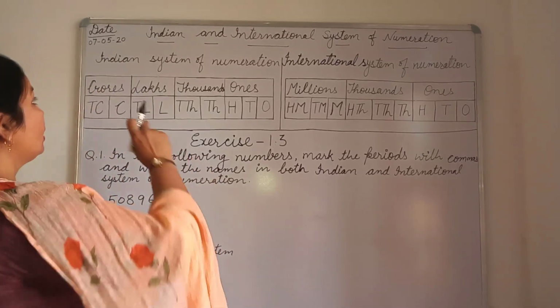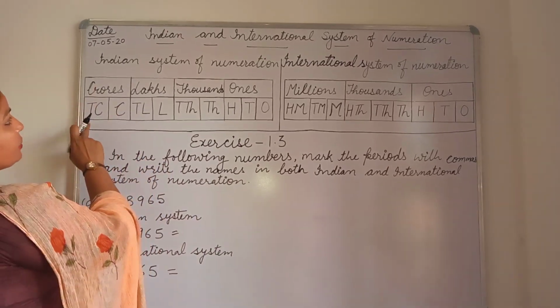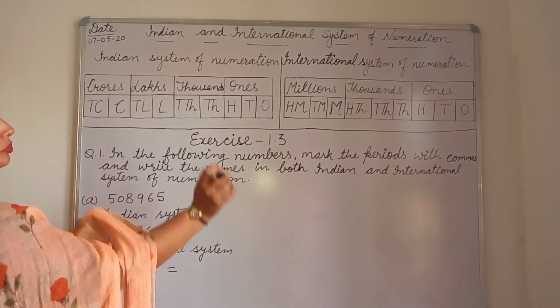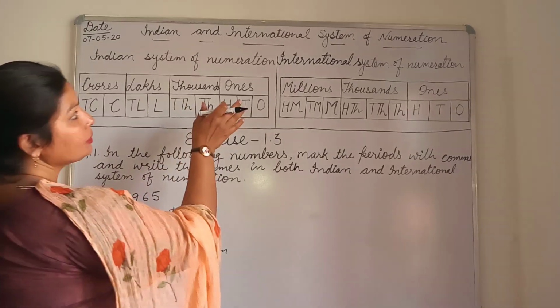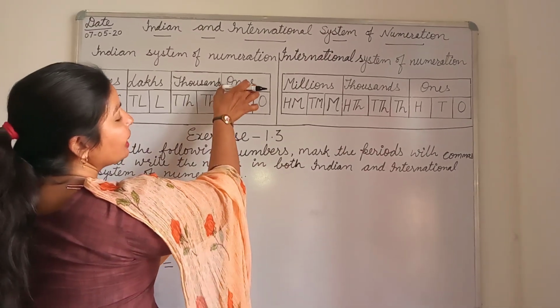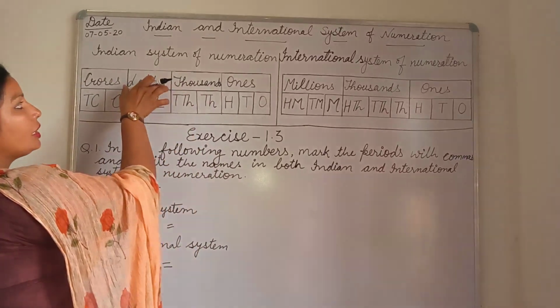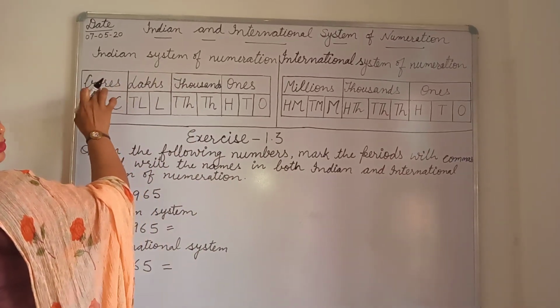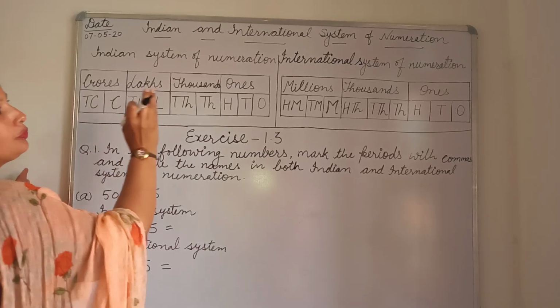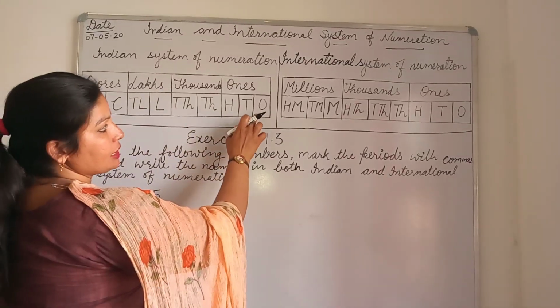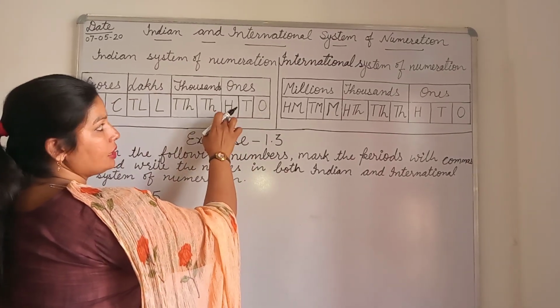Okay, so upside there are periods and downside there are places. So in Indian system of numeration, first of all we have ones period, then thousand, then lakhs, then crore. In ones period we have three places: ones, tens, hundred.